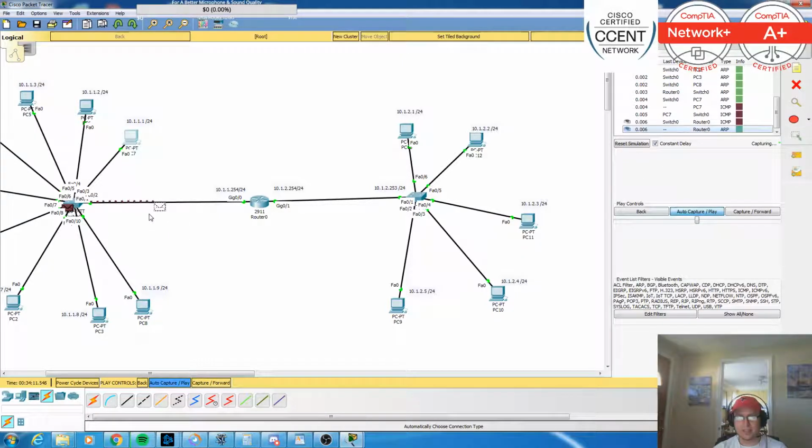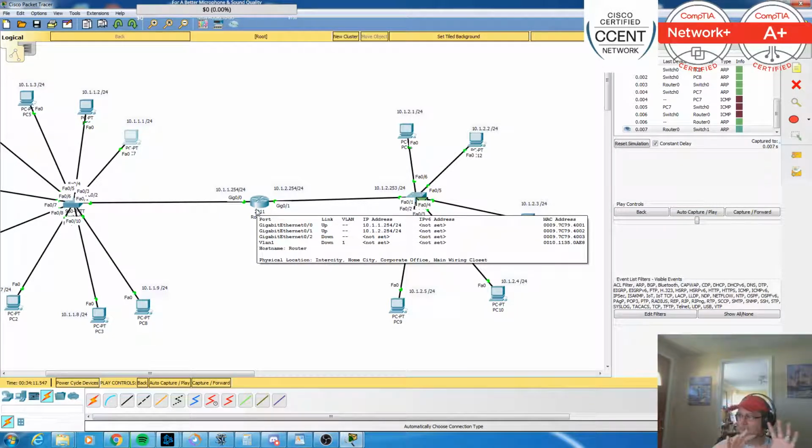Alright, so let's watch the rest of this. Now it's going to come to the router. Notice the router is going to grab this. The reason it shows an X is that the router takes information from that. It takes out the destination, replaces the destination, and sends it.